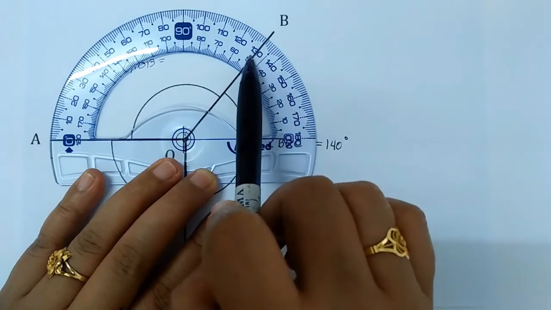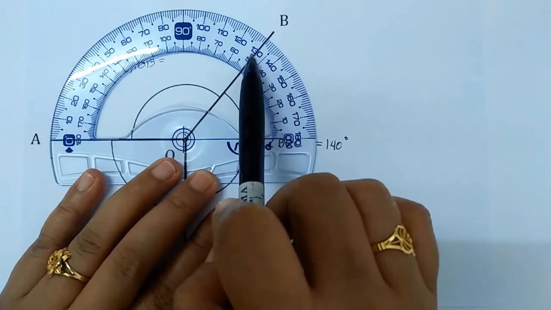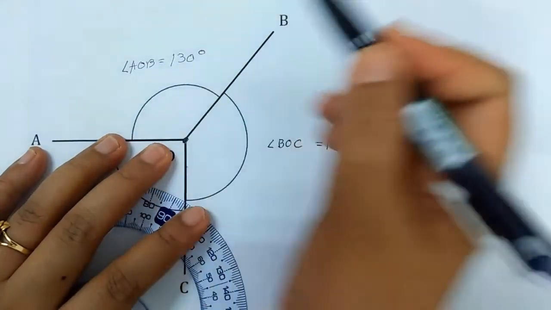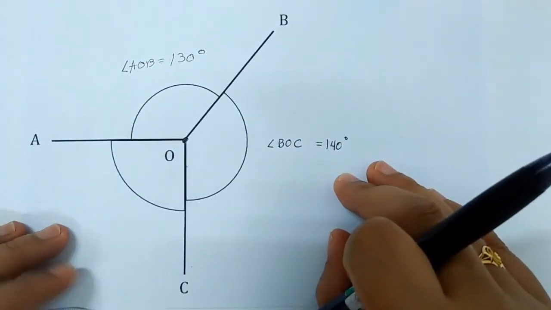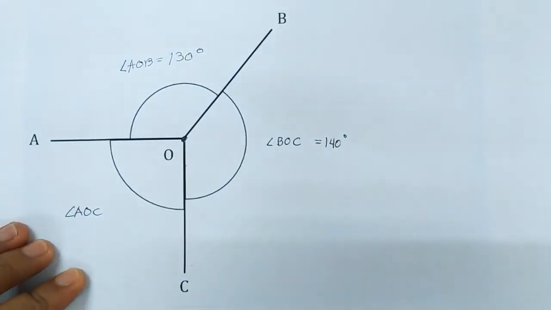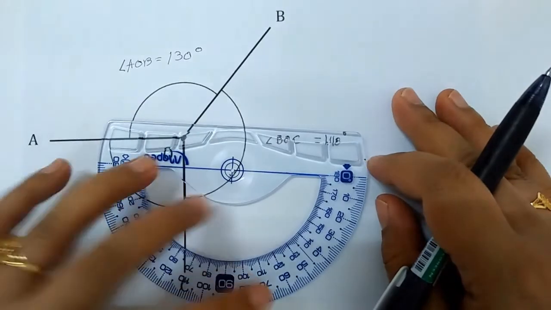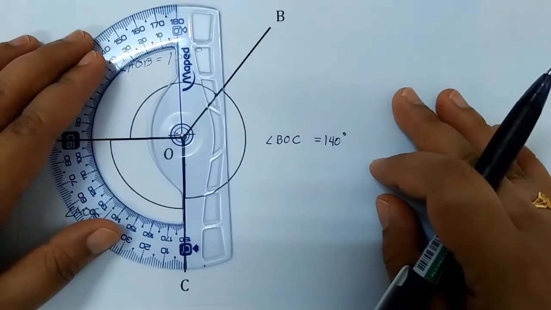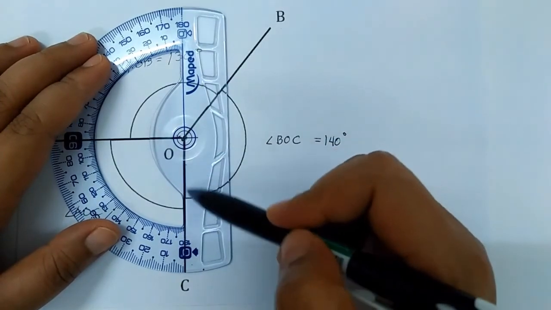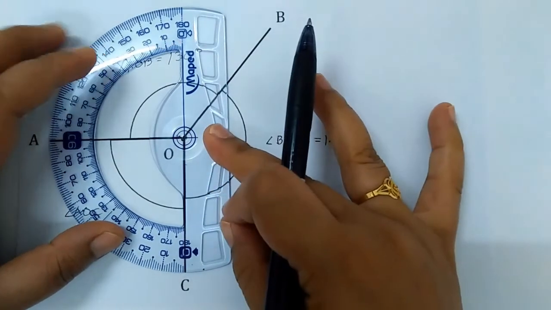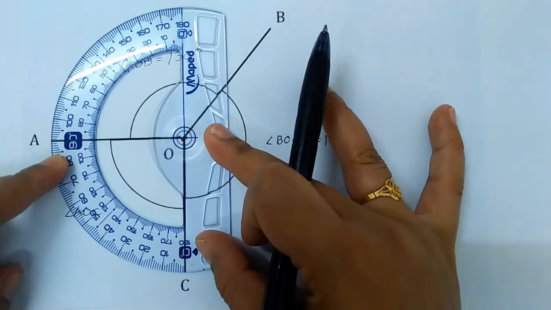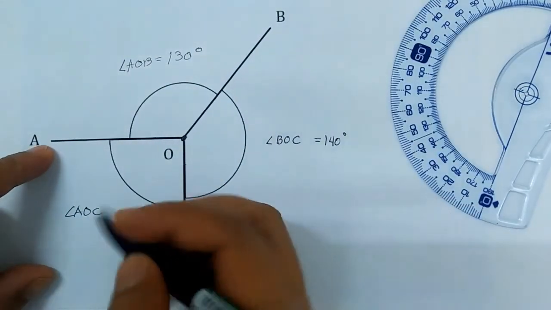This is 130 degrees. One last angle, AOC. So place the center mark on the vertex, then line on the baseline. Start reading at 0. So here this is 90 degrees.